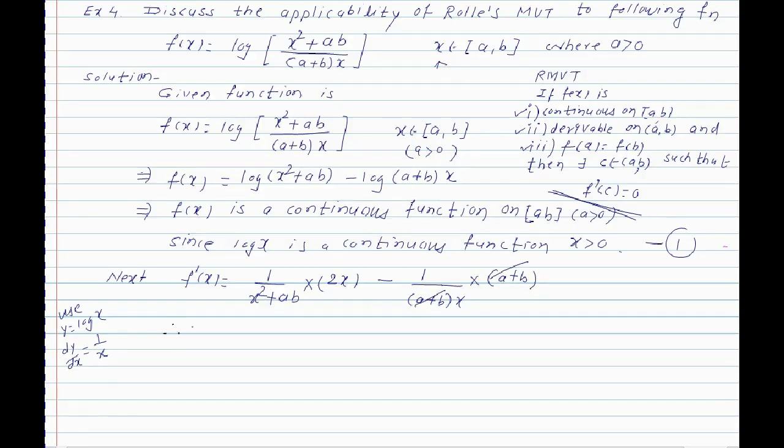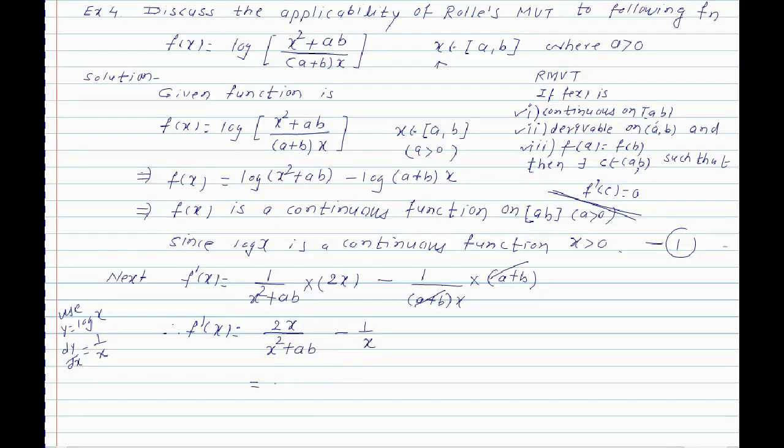So f dash x is given by twice x upon x square plus a into b minus 1 upon x.